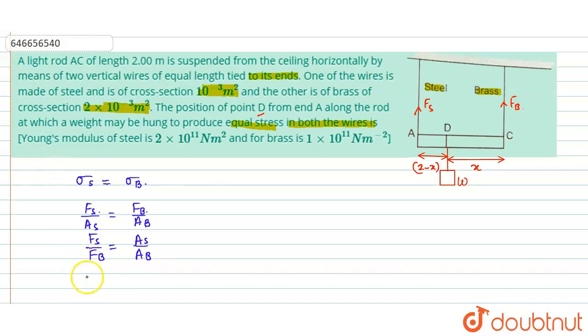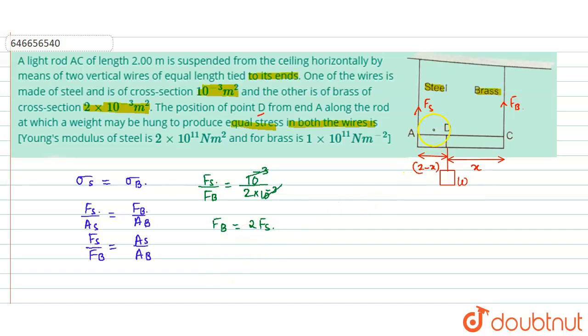The area of steel is 10 raised to the power minus 3, and the area of brass is 2 into 10 raised to the power minus 3. This will cancel out, so the force produced in brass is simply 2 times the force produced in steel.